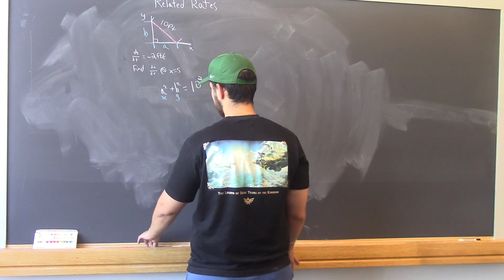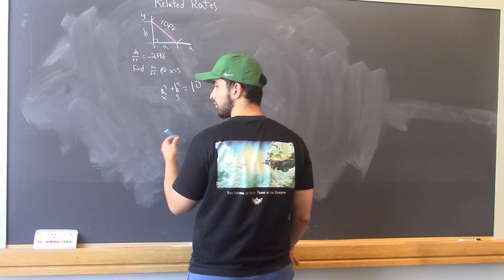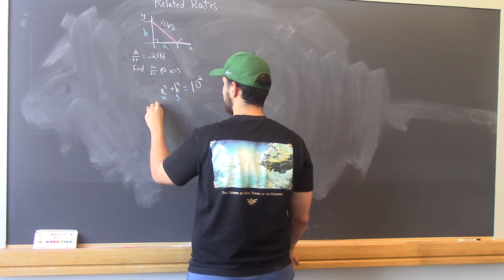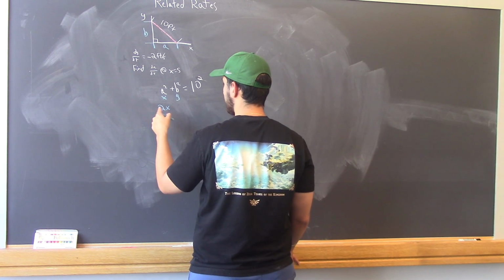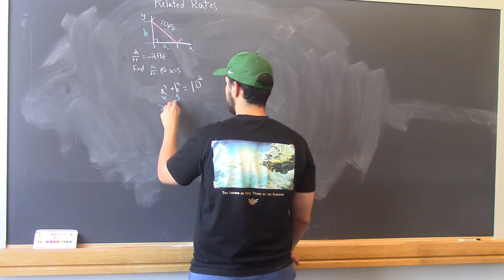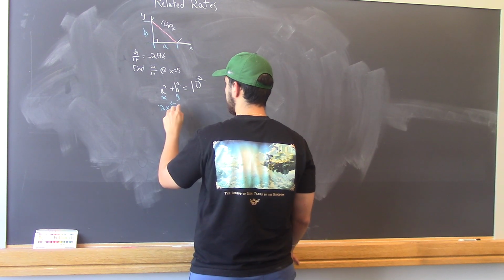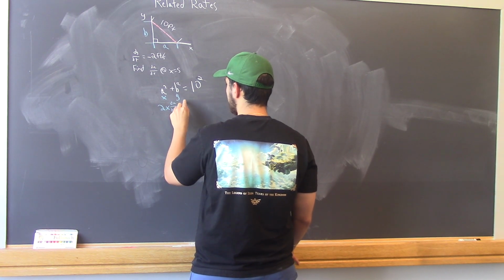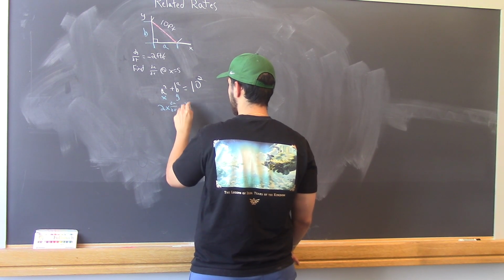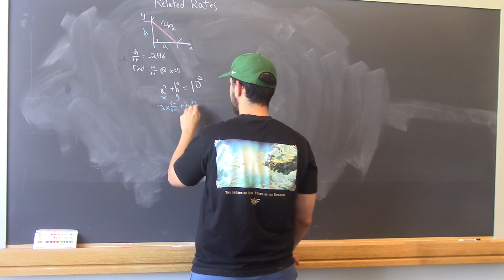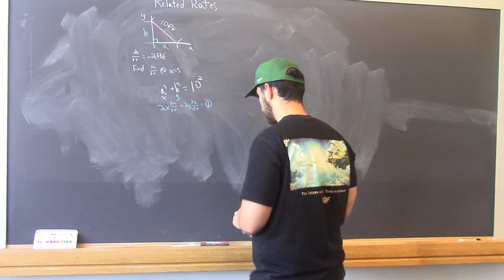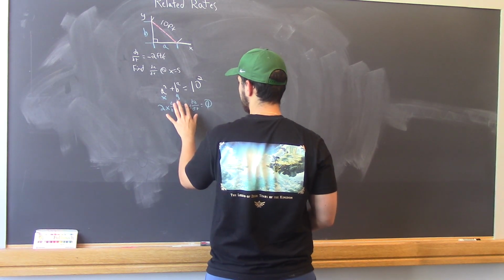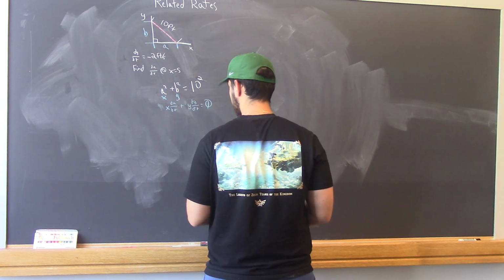So I am going to switch over to x and y convention so it's easier to follow. So we're going to have 2x, because the derivative of x squared is 2x, dx/dt, plus the derivative of y squared is 2y dy/dt, and the derivative of a constant is 0. And we can all agree these twos can just cancel out nice and neat.